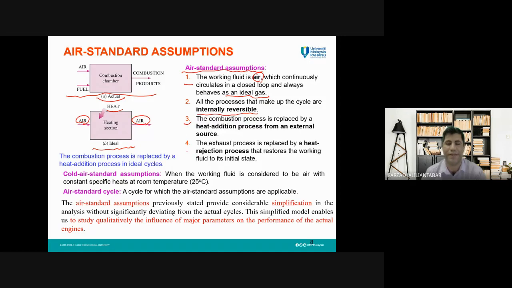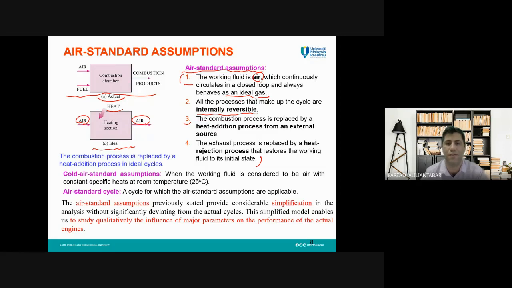And assumption number four, the exhaust process is replaced by a heat rejection process that restores the working fluid to its initial state. By this, we can have a much simpler cycle. Instead of the change in the working fluid in the system, we can assume the energy of the working fluid is changing. This is the standard assumption, very important.